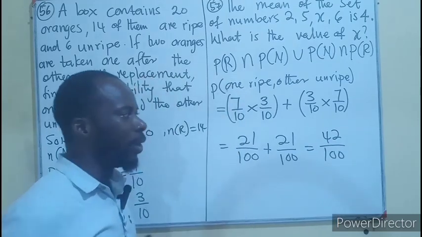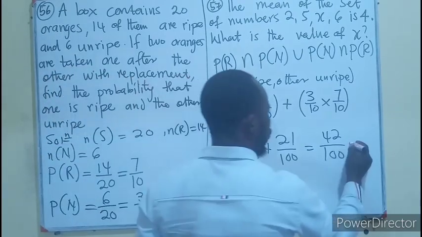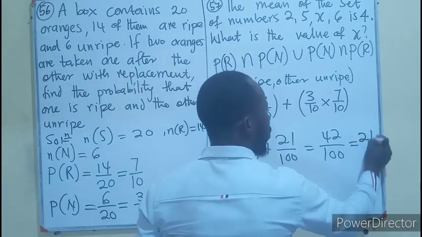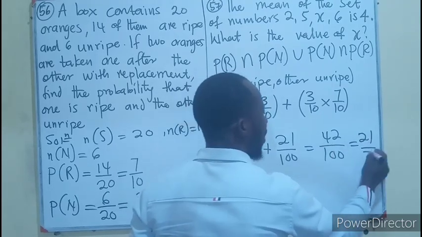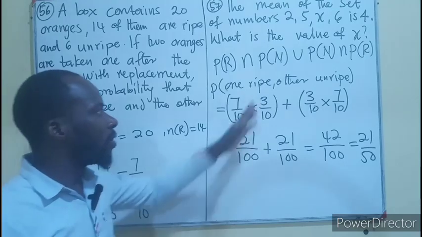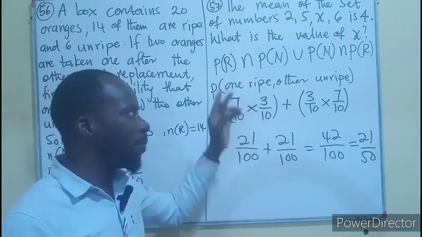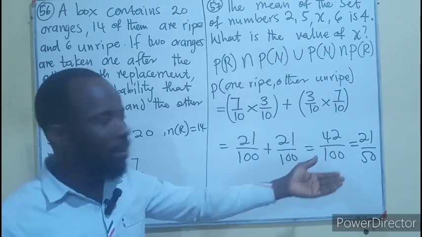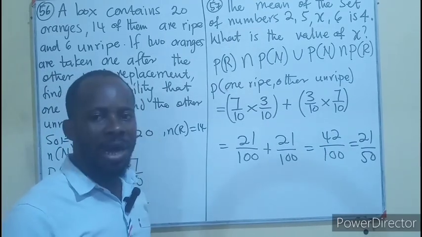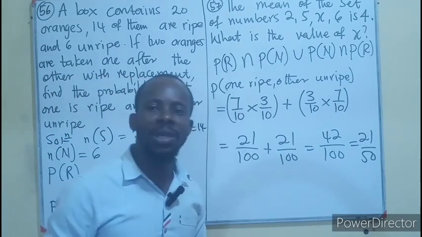It is still the same denominator. And I believe there is a common factor of 2. So 2 goes here, 21, 2 goes here, 50. So the probability of taking 2 oranges, one being ripe, the other being unripe, is going to be 21 out of 50. And that will be option C.